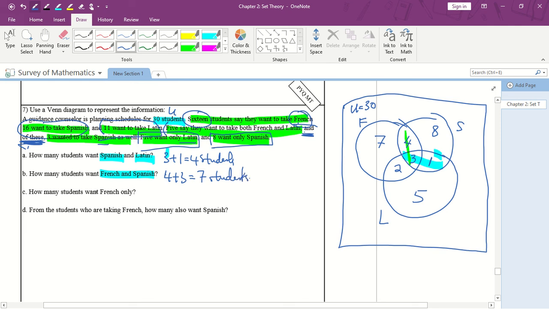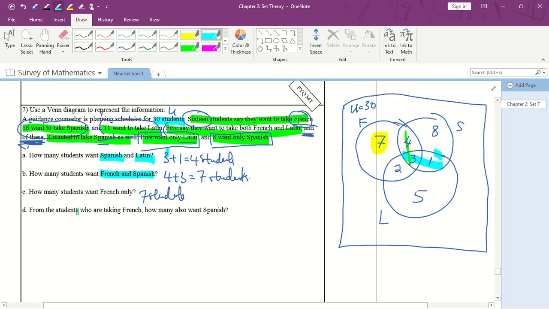How many students want French only? French only, which means that this is the French only. So the answer is 7 students. In case I didn't write students as the unit for the answer, please remember you need to write the units.